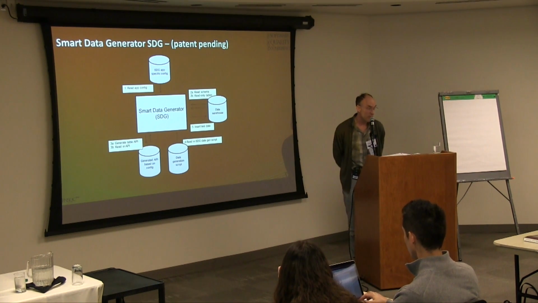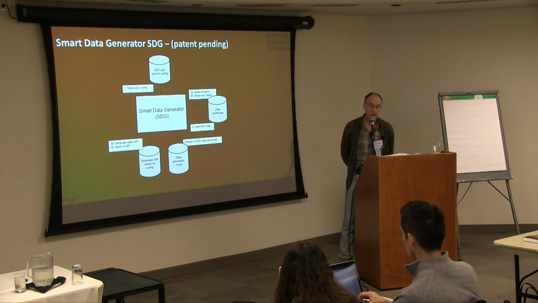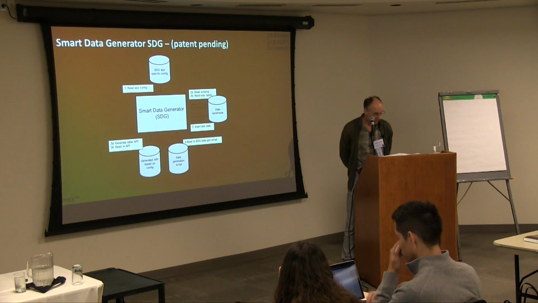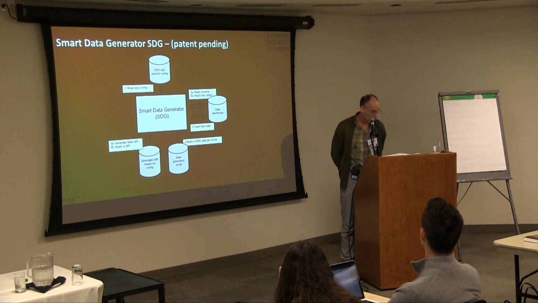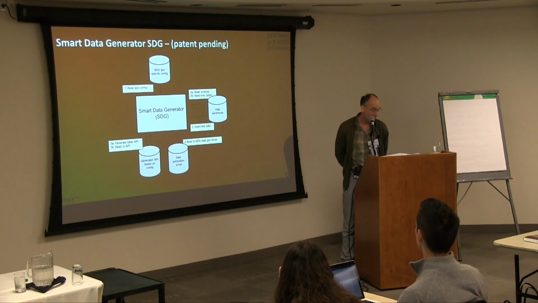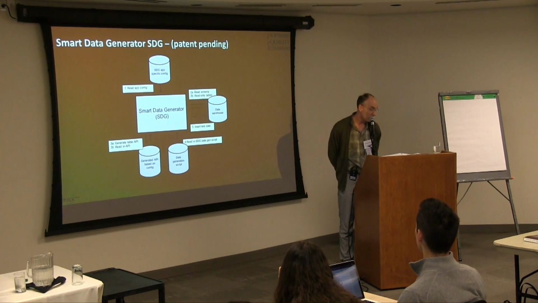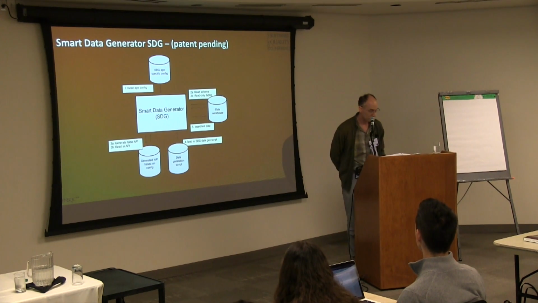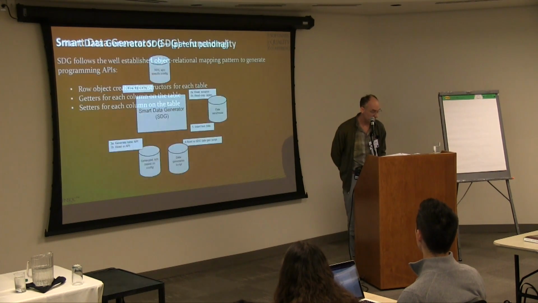This is object relational mapping, which has been done before in other languages such as Java, C, C++. In step 4, the tester will write a program to that generated API. The SDG will read it in and then insert the data into the table, directly into the database.